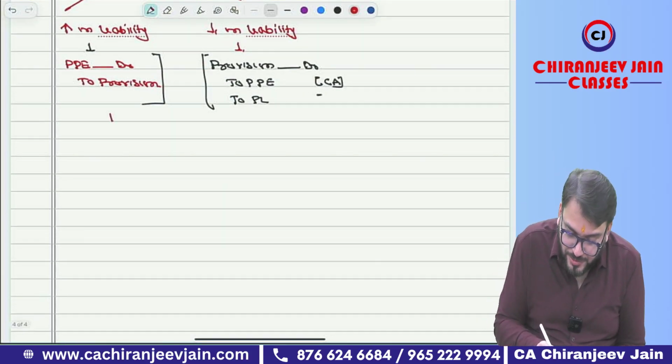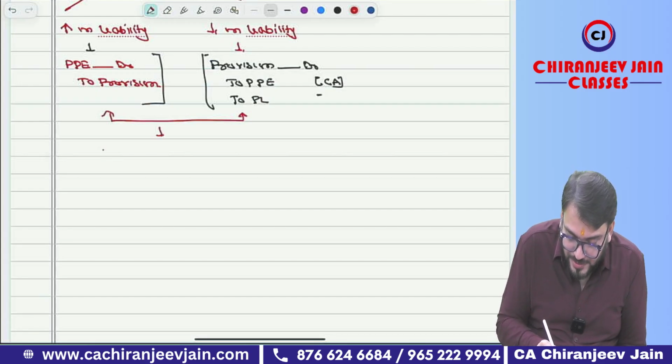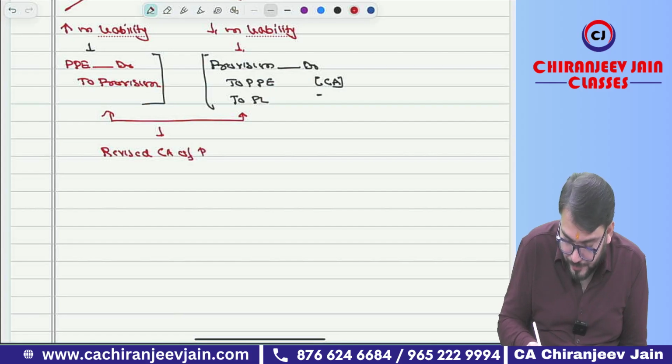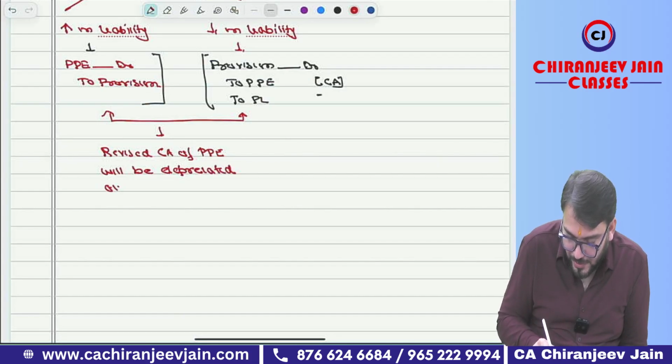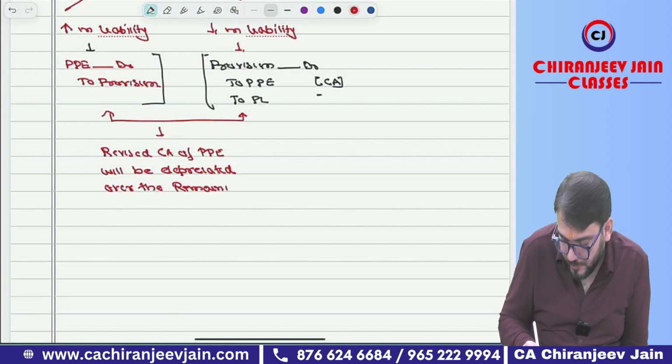Now, because of this decision, can I say the carrying amount will be revised? So what AS 10 says, the revised carrying amount of PP will be depreciated over the remaining useful life.